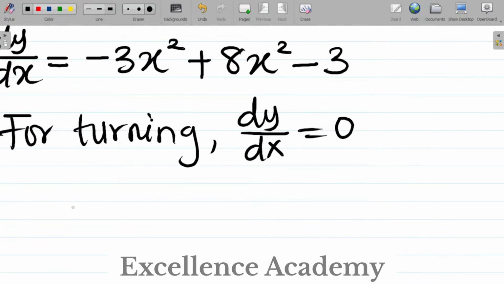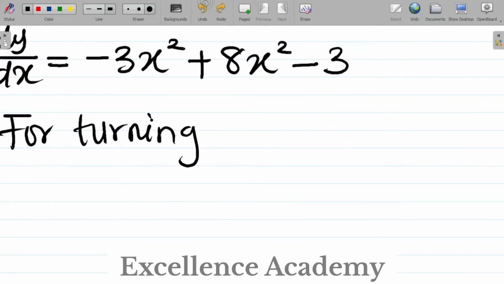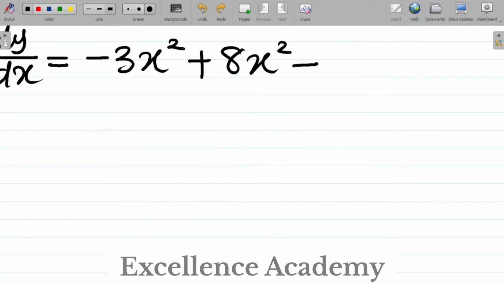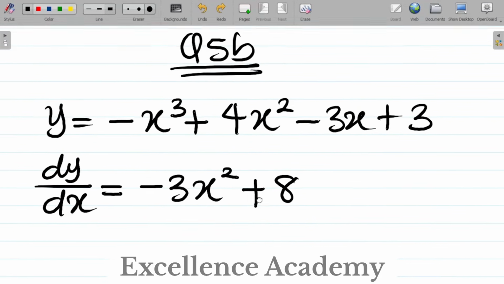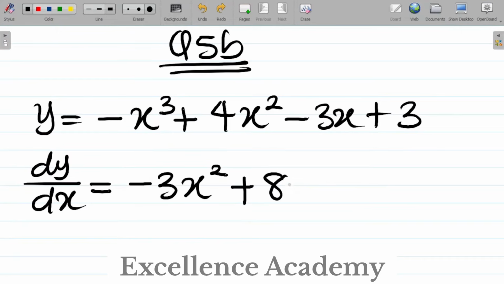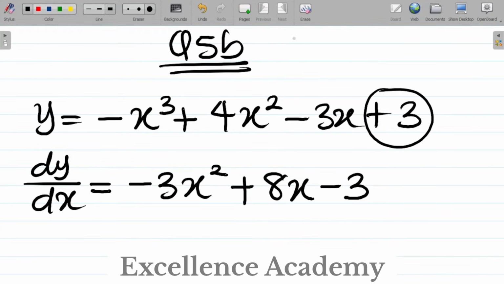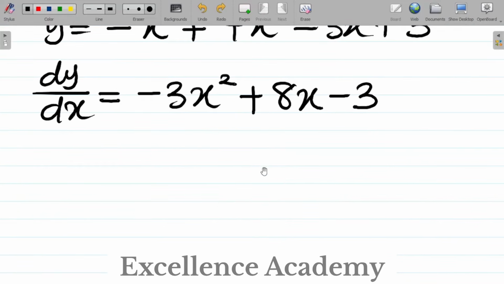So I'm taking the function minus 3x squared plus 8x, then differentiating minus 3x gives minus 3, and differentiating the constant 3 gives 0.